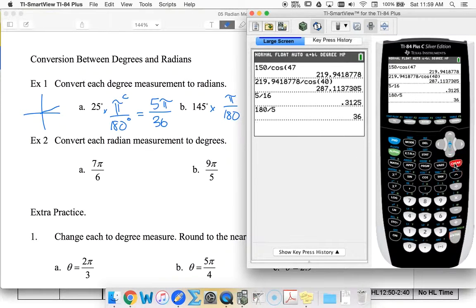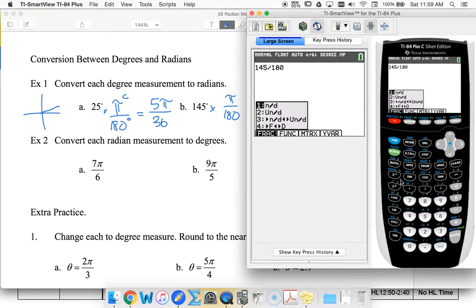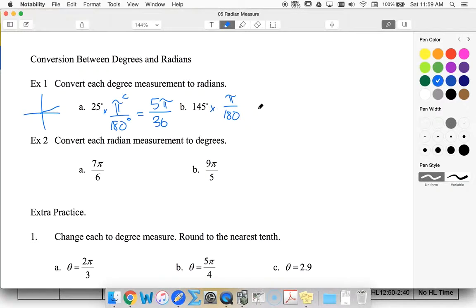So if I come in here, we can do 145 divided by 180, and then make that into a fraction. So let's go with 4, and I end up with 29 over 36.